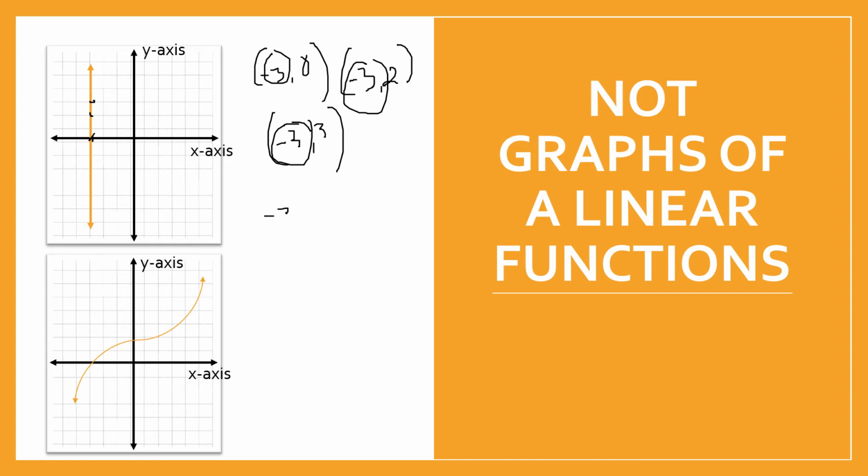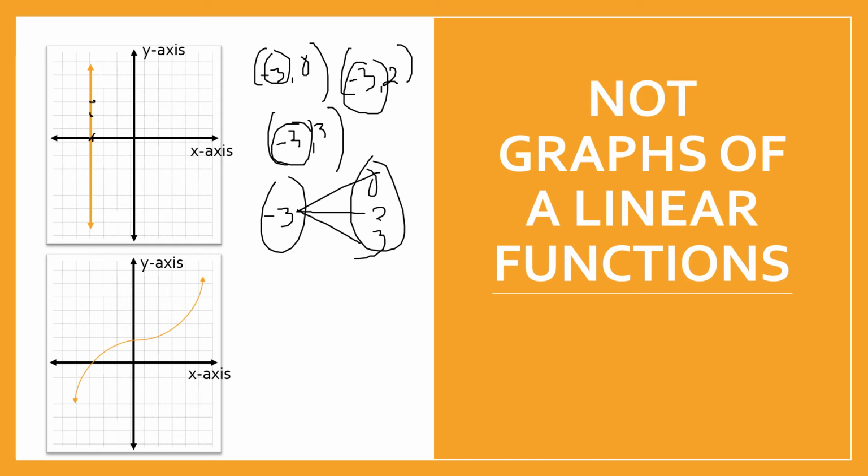If we're going to draw a mapping diagram, that is 0, 2, and 3. Look at this one. For an input of negative 3, we have 3 outputs here, which are 0, 2, and 3, which is not a function.